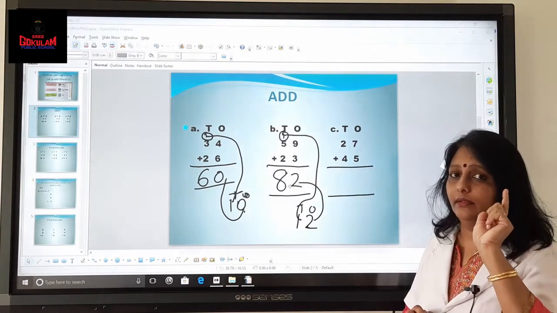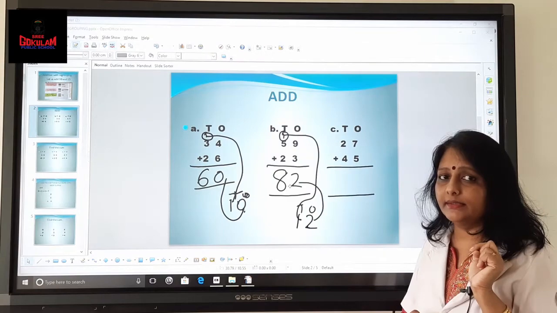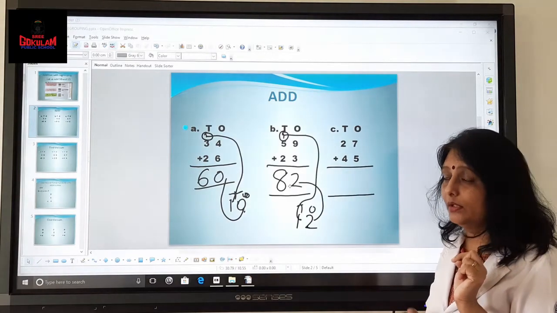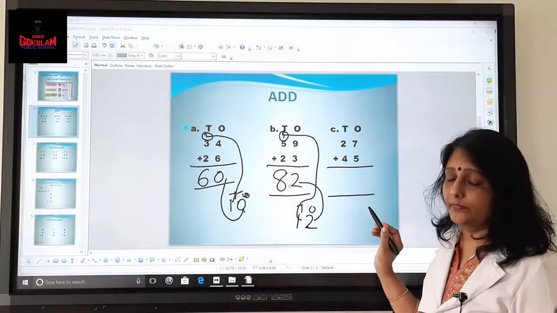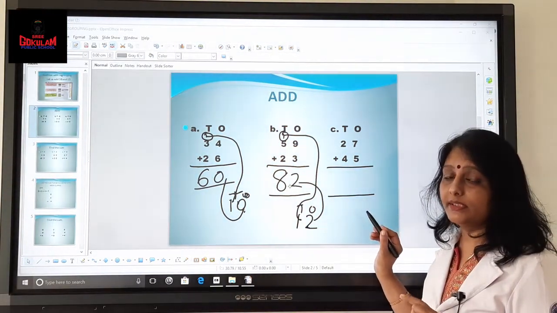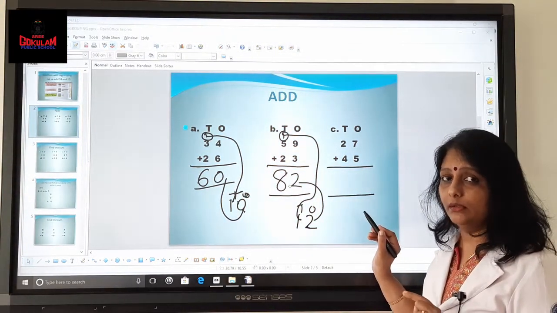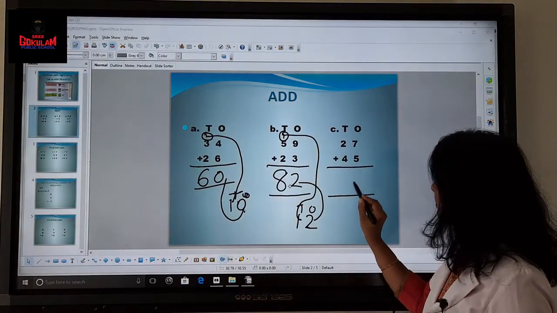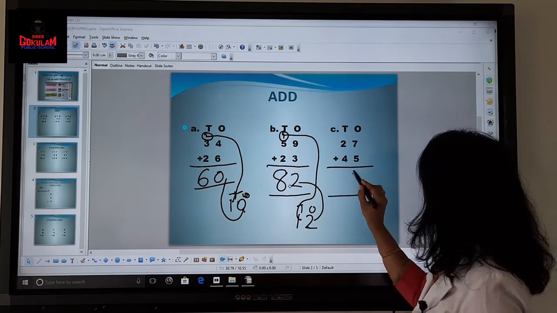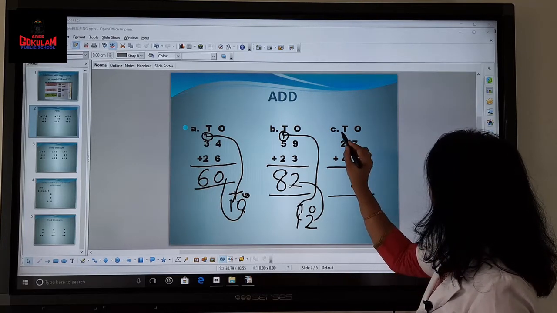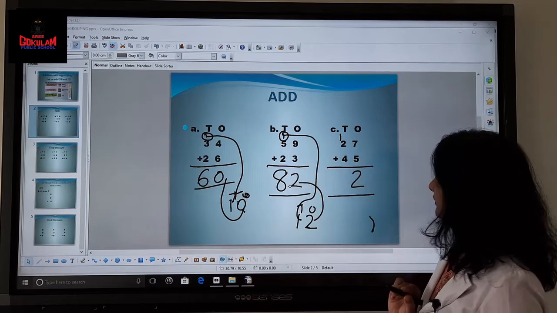12. So, which number is in the ones place of 12? 2. So, we will write 2. We will write 2 and carry 1.